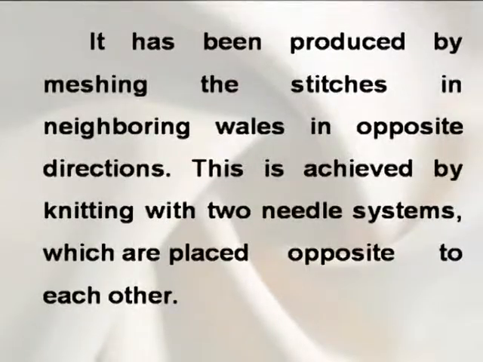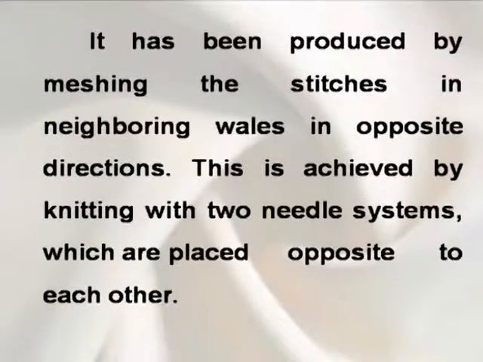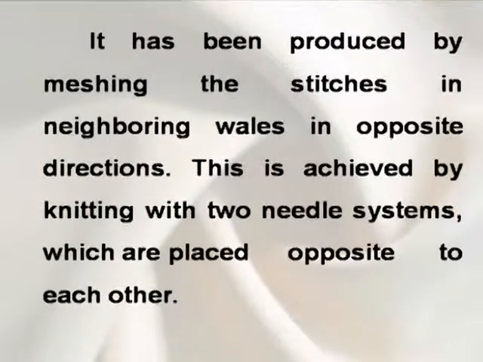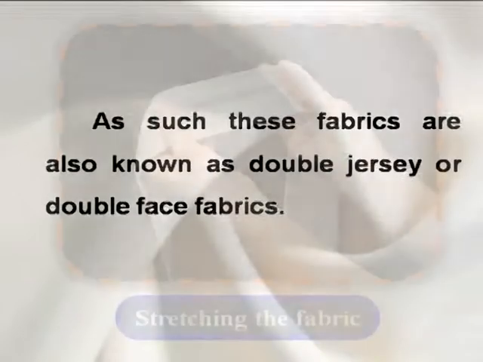It has been produced by meshing the stitches in the neighboring veils in opposite directions. This is achieved by knitting with two needle systems, which are placed opposite to each other. As such, these fabrics are also called double jersey or double-face fabrics.